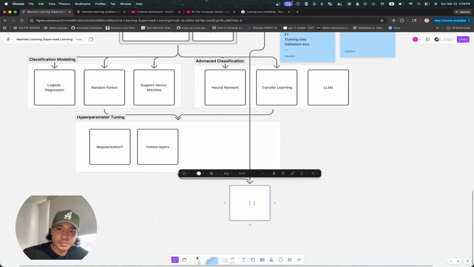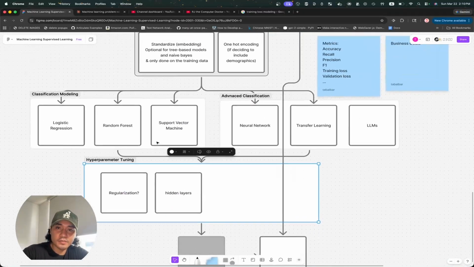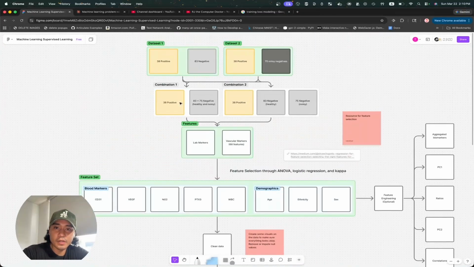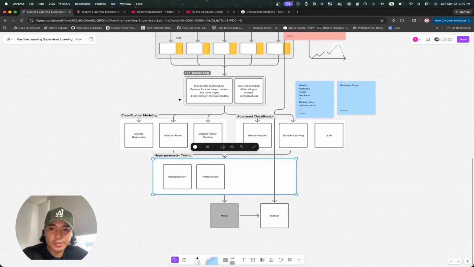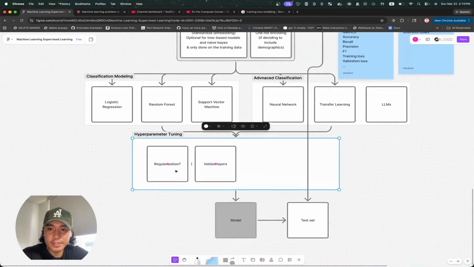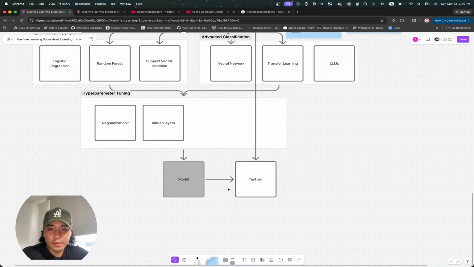So say you have your model here that was created. Okay, so out of all of these decisions, making sure they meet the business goals, and then you choose some parameters that are performing well on the validation set, then you can take the test set that you had, which was not included in any of the training or validation process, and then you would test it on this unseen data here.